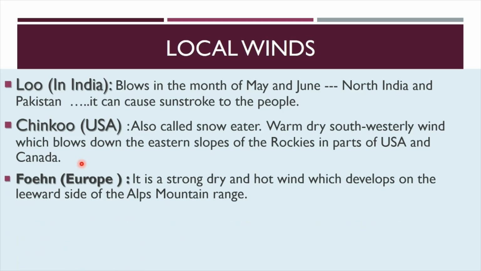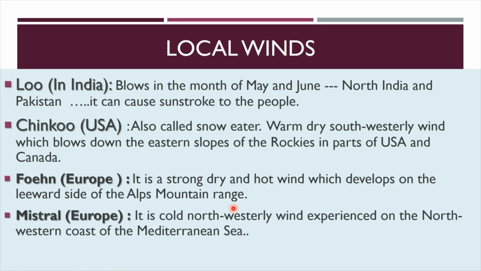Next is Foehn. Foehn is in Europe. It's a strong, dry, hot wind which develops on the leeward side of the Alps mountain range. It's a strong, dry, hot wind in Europe. Next is about Mistral. Mistral is also in Europe.